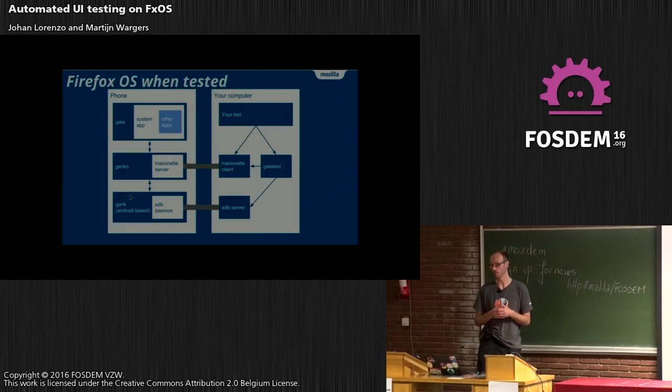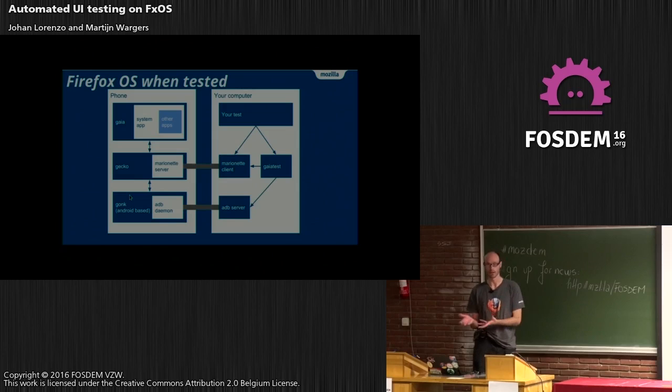So what happens when a test is being run? We basically have our test, which is using the Marionette client API or the Gaia test API.